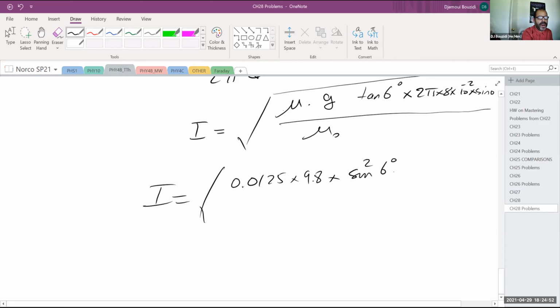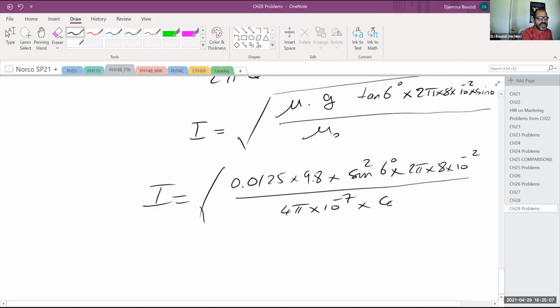Times 2 pi times 8 times 10 to the negative 2 divided by mu naught, which is 4 pi times 10 to the negative 7, times the other part of the tangent, which was a cosine of 6 degrees. And if everything is correct, I should get a value. Let's see how much it is.